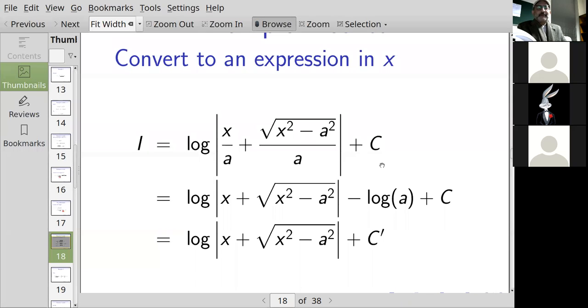But if you want to play around with properties of logarithms, there's a division in there, right? So when you have a division and you take the logarithm, you end up with the log of the numerator minus the log of the denominator, and you're dividing by a here.